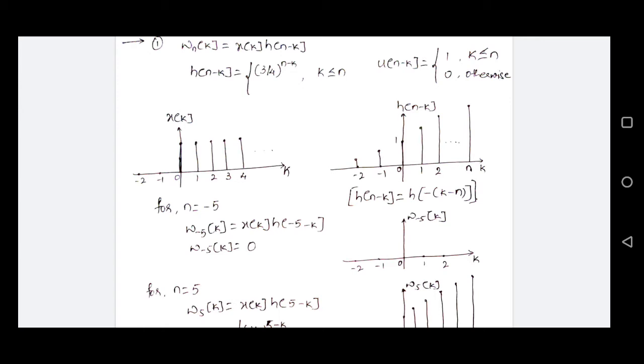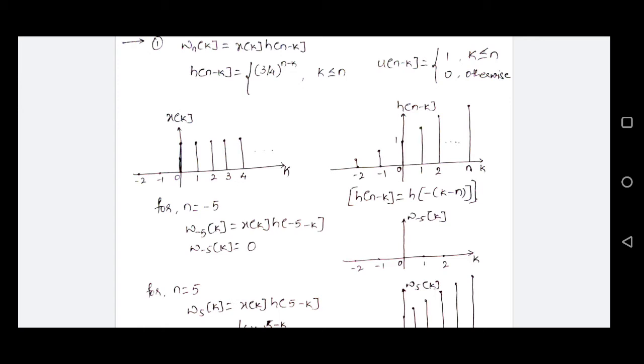And for n equals -5, the operation we are performing is multiplying these two sequences, x of k and h of -5 minus k. If we multiply them, the intermediate signal will be 0, because x of k is starting from 0 and h of -5 minus k is present only between minus infinity and -5.